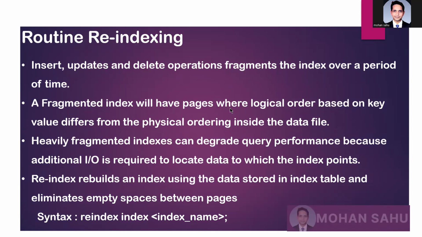But whenever there is an insert or an update, those orders change, those pages change. When more insert, update and delete operations happen, after some time the pages will not be in the correct order as compared to the initial stage of the table. That is called fragmentation.